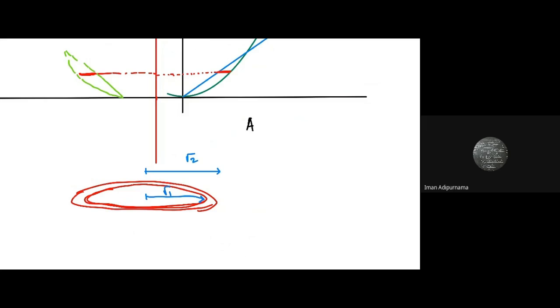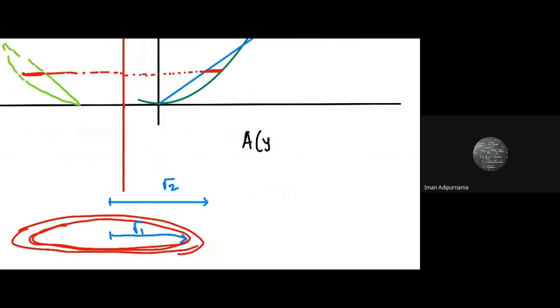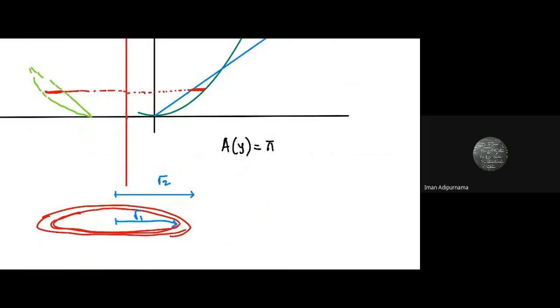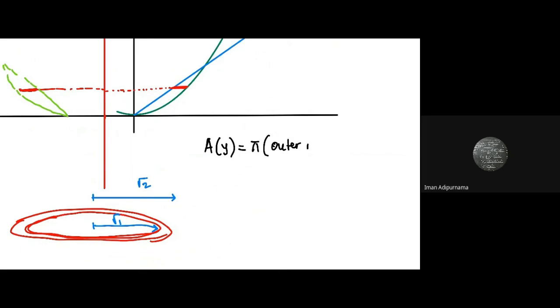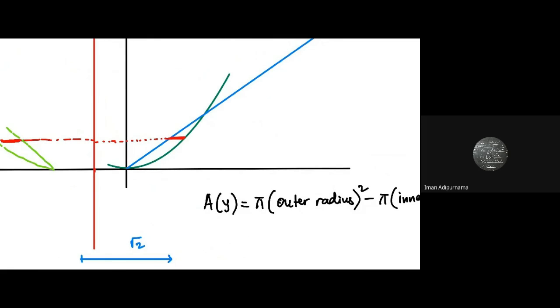The idea is you need the area of the circle, and now we have a function of y, because we are rotating about a line x equal constant. So we write the outer radius squared, minus the inner radius squared. You can take R1, R2 any way you want, as long as the definition is outer radius minus inner radius.